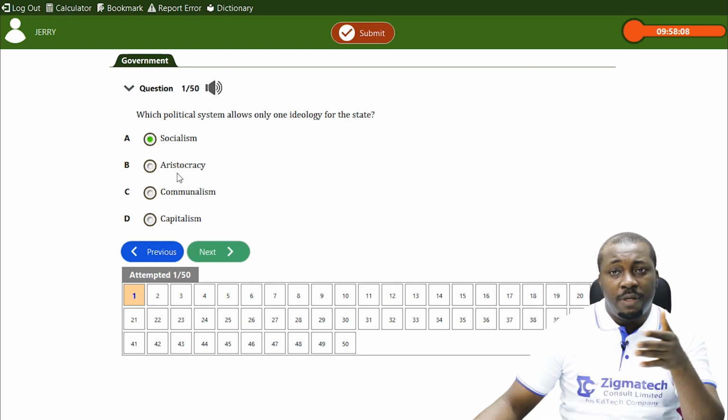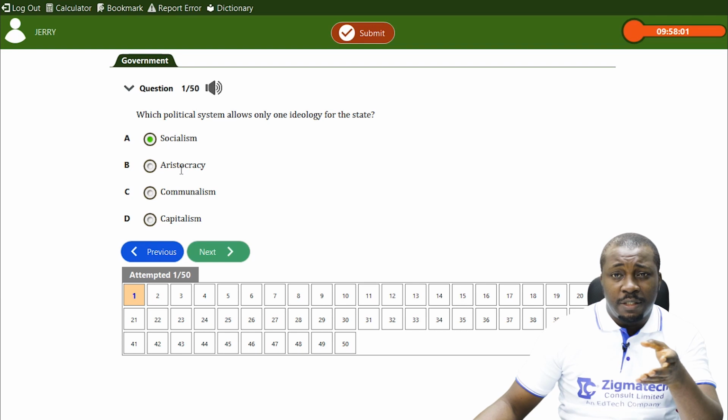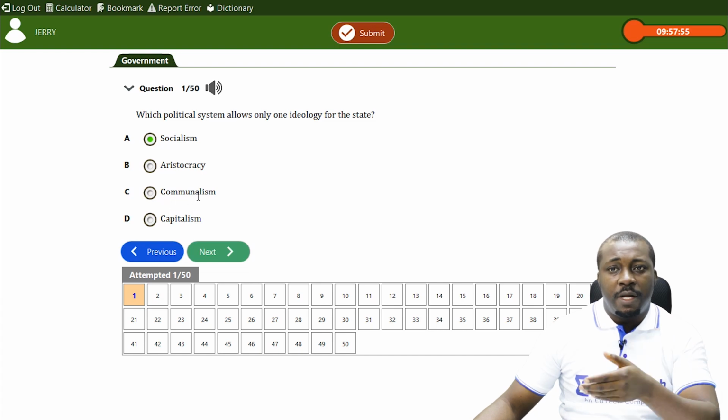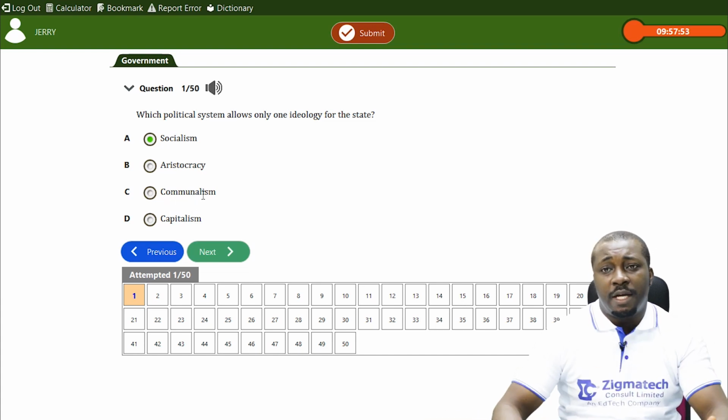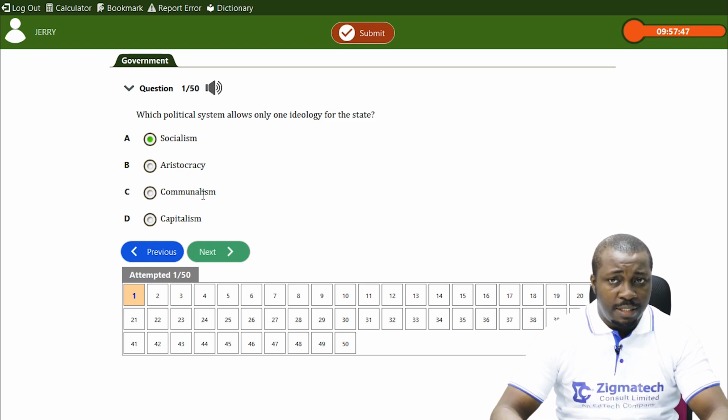Aristocracy has nothing to do with it because aristocracy is a form of government where the privileged royalties, the best few of the society, actually rule the society. C, communalism, is an ancient society that is based on full cooperation and working together of members of the society to achieve the goals of the society. So things are commonly owned. It's based on collectivism.